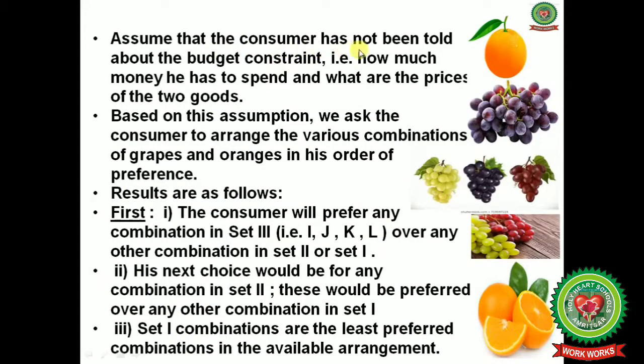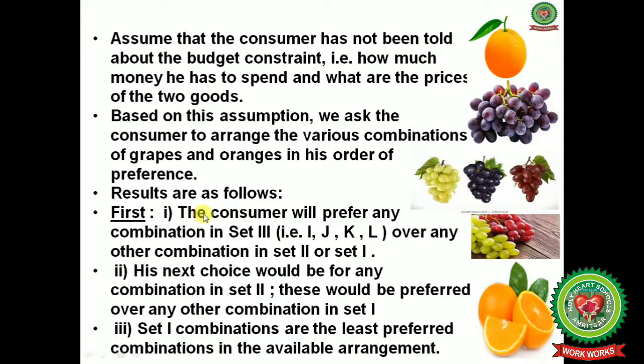Assume that the consumer has not been told about the budget constraint, that is how much money he has to spend and what the prices of the 2 goods are. Based on this assumption, we ask the consumer to arrange the various combinations of grapes and oranges in his order of preference. Results are as follows.